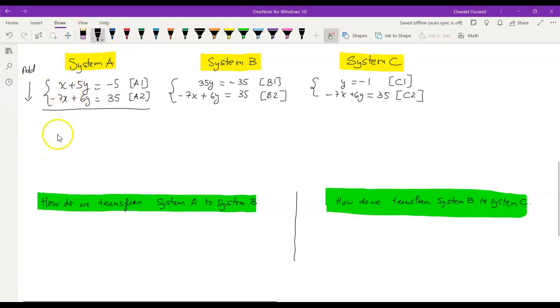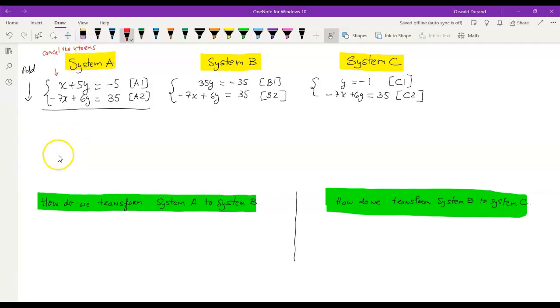So let's say I want to cancel the x terms. I'm deciding to cancel out the x terms.